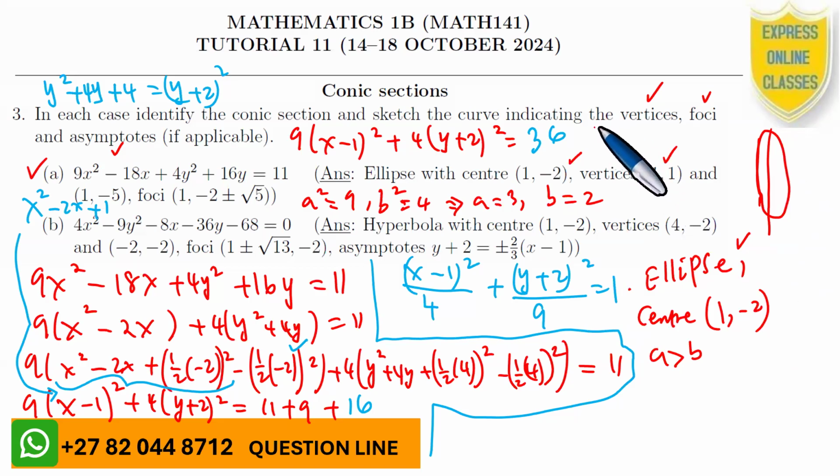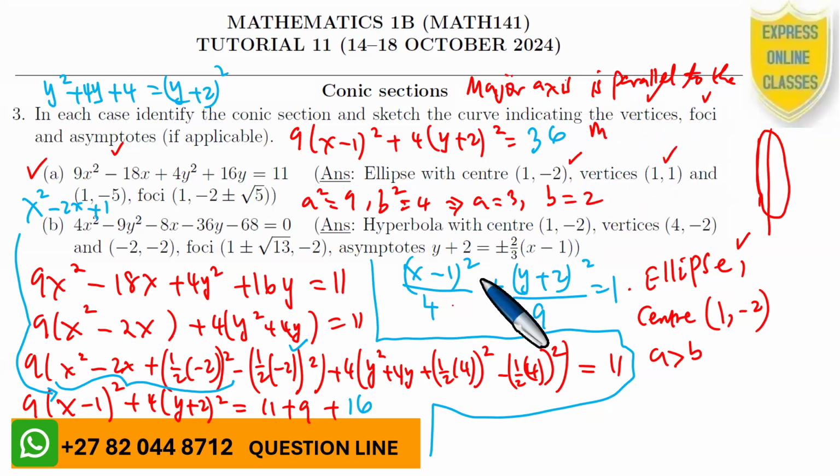So the major axis is parallel to the y-axis.